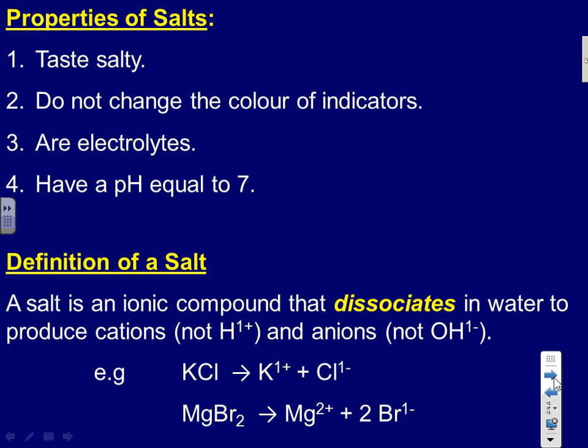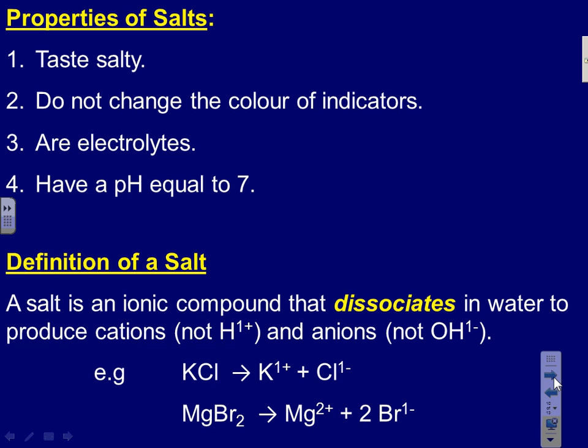Table salt is sodium chloride, and that's just one example of many types of salts. Any ionic compound that is not an acid, that does not have the H plus, nor is a base, does not have the OH minus, is considered a salt. So you can see my examples down there, KCl and magnesium bromide, MgBr2.